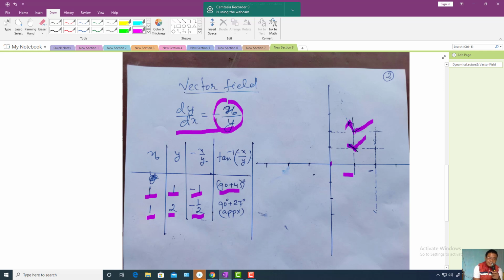By entering the values of x and y, you will be able to find the value of this one. So tangent inverse of that is just some degree. That degree will give you the angle. That angle will give you the direction of the tangent to that point on the curve.